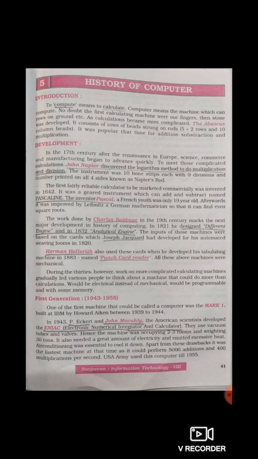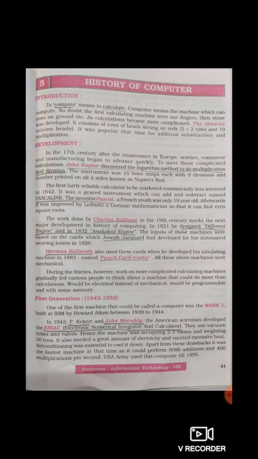This paragraph talks about two other people. The first one is Charles Babbage. Charles Babbage is also known as the father of modern computing. Why? Because of his major contribution in the history of computing, when he designed the difference engine in 1821.